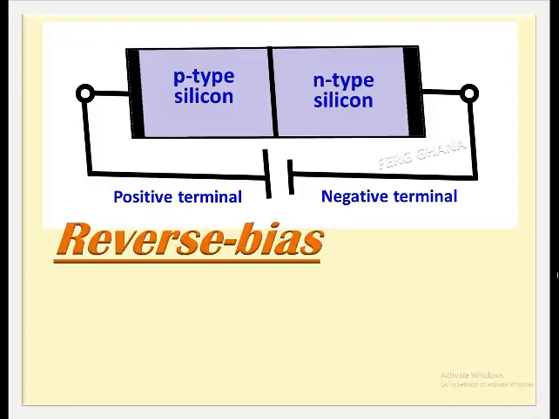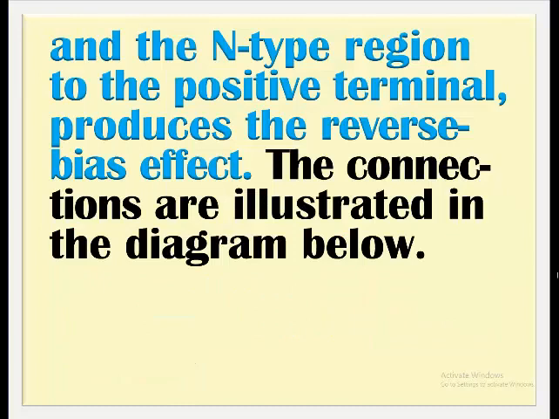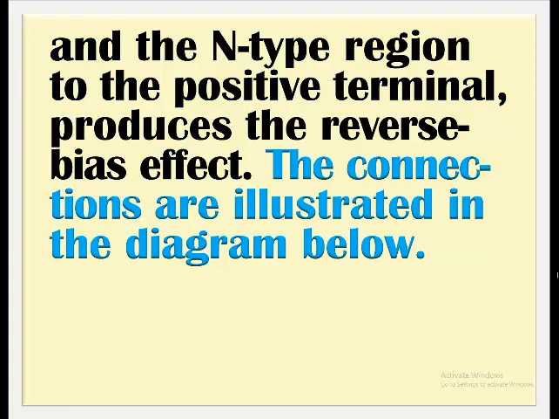Reverse bias. Connecting the P-type region to the negative terminal of the battery, and the N-type region to the positive terminal, produces the reverse bias effect. The connections are illustrated in the diagram below.